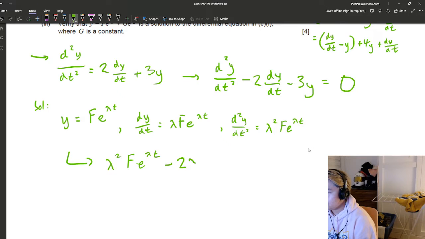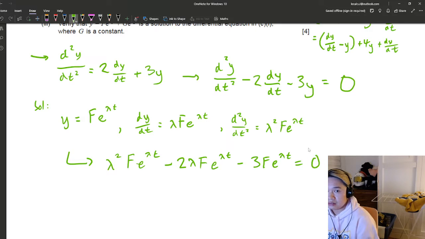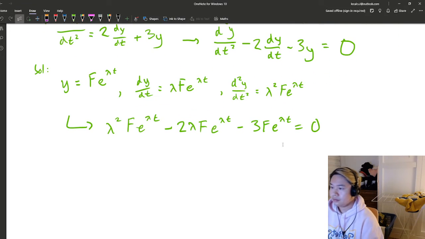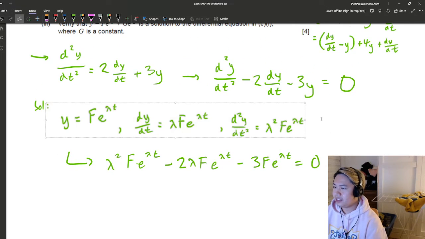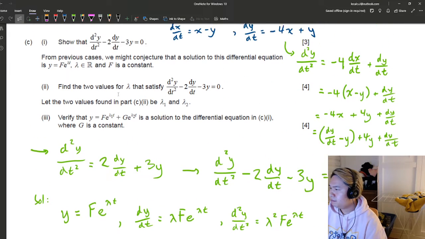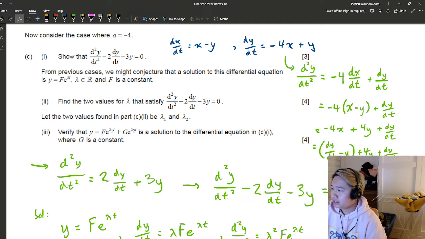Minus 2 lambda f e to the lambda t minus 3 f e to the t equals 0. Right, so I'm just plugging in these values into this equation right here, and f is a constant that's non-zero.